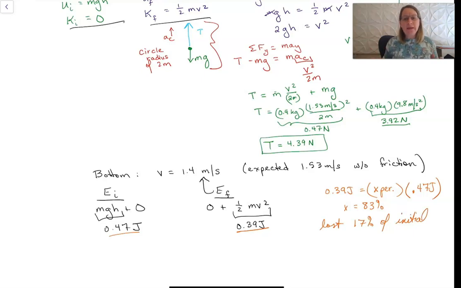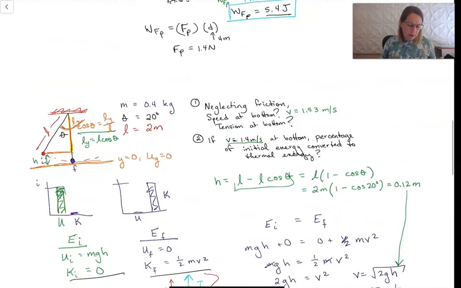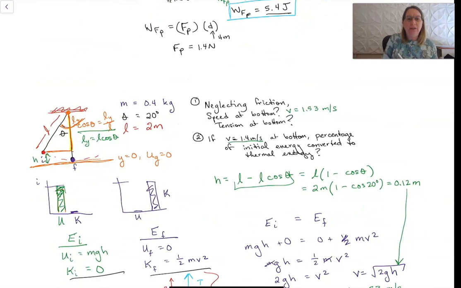Okay, and so that's how we deal with frictional situations. We say, hey, we lost, we need to say 17% of the initial went into thermal energy. In this case, probably heating up the air, but it may be that the pivot also had some friction right up at the top. So that's a possibility as well.